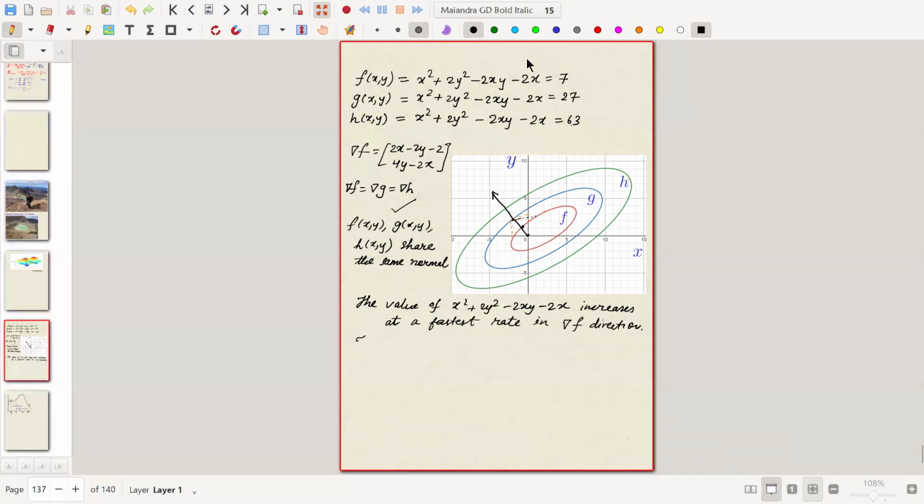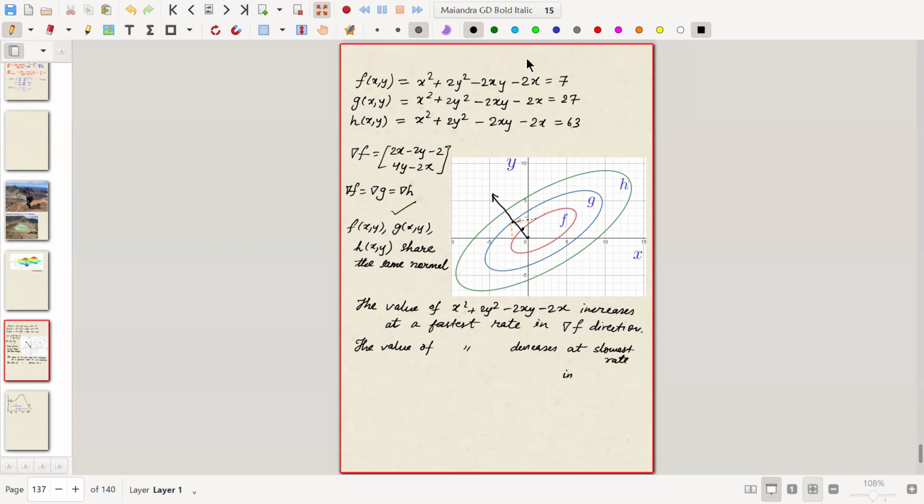So then if I say the value of the same function decreases at the slowest rate, in which direction?